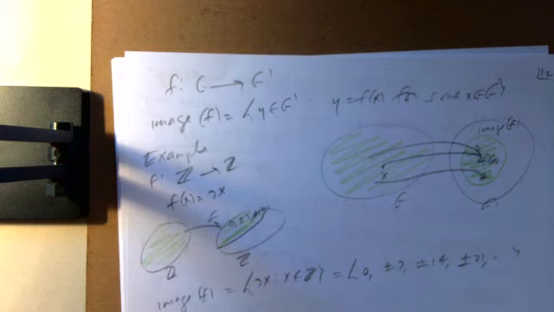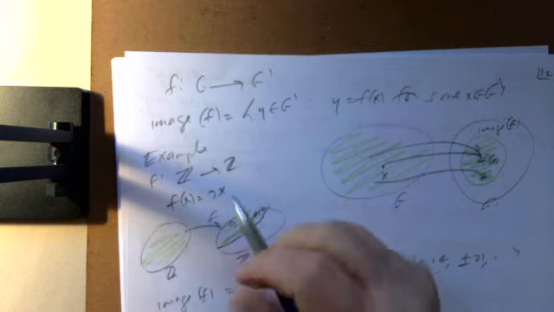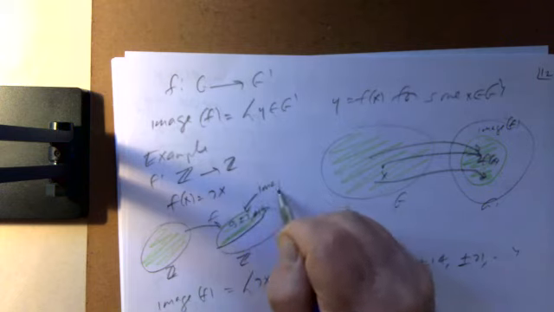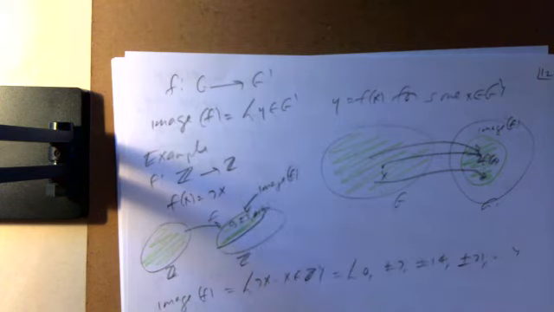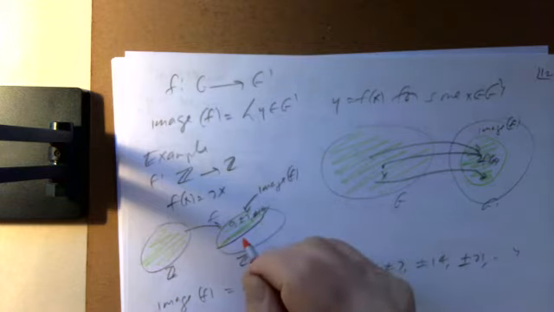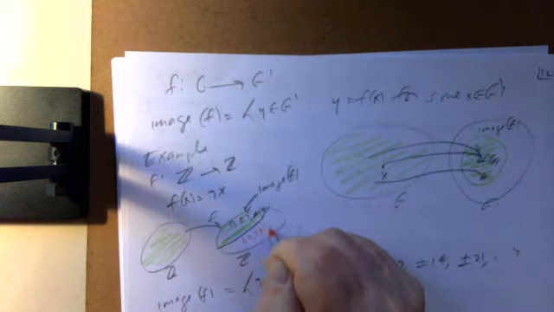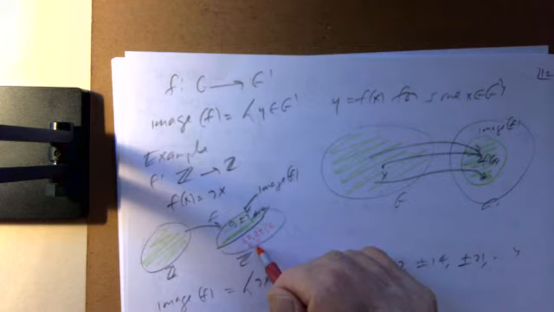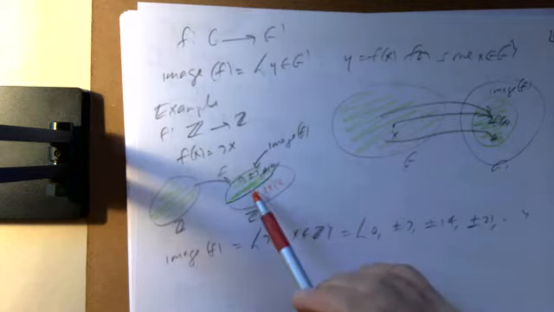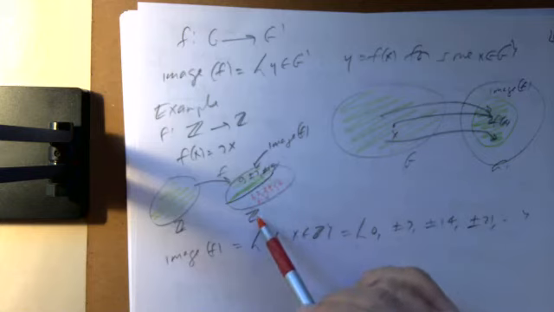That's the image of f, the set of multiples of 7. What's not in the image of f? Everything over here, like 1, 2, 3, 4, 5, 6, 8, 9. Any number that's not divisible by 7 is not in the image of f. So the image of f is a subset, and usually a proper subset, of the group on the right-hand side.